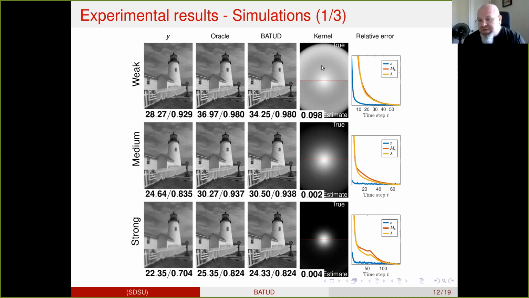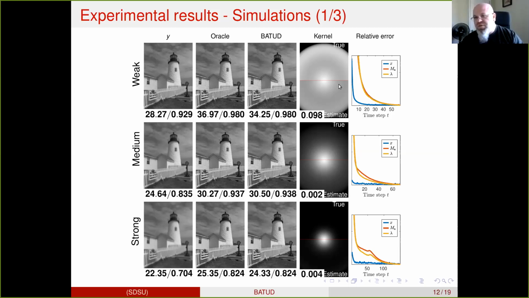And the last column, the fourth one, on the top half, that was the kernel used to create the blur, right? And the bottom part is the kernel that was estimated by the blind algorithm, right?